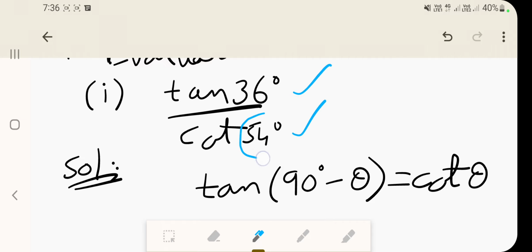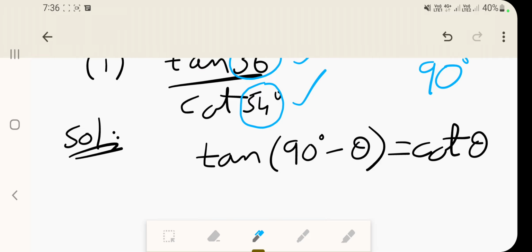We can identify the relation between these angles. Here one is 36, another is 54. If you add these two values, 36 plus 54, how much do we get? It is 90 degrees. Once you observe that the sum of 36 and 54 is 90 degrees, you have to recall the equation tan(90 minus theta) is cot theta.